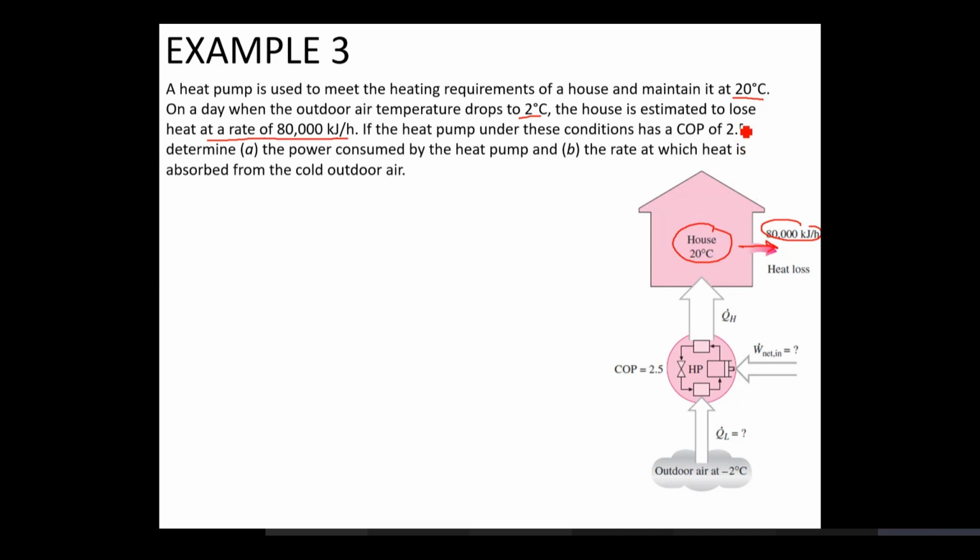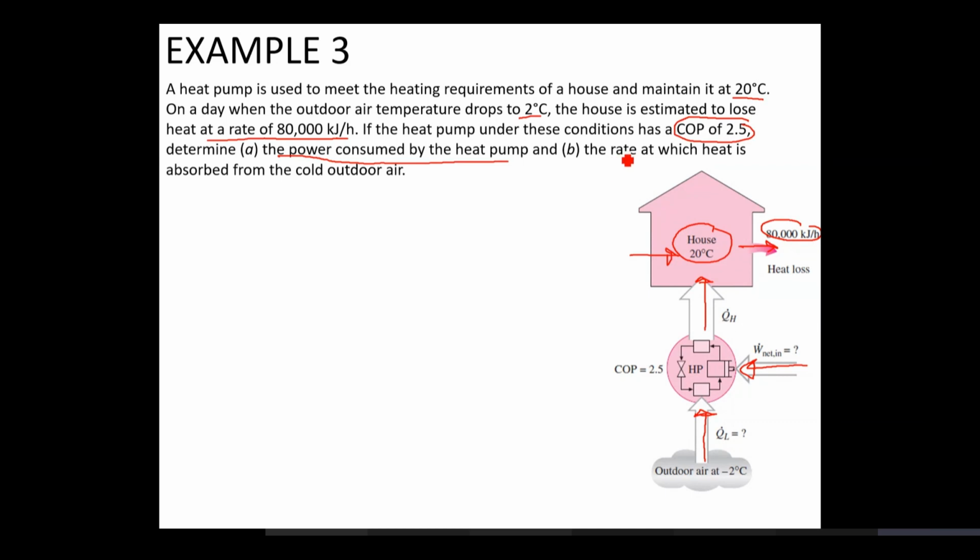Now, if you have a heat pump which has a coefficient of performance of 2.5, you have to determine the power consumed by the heat pump in order to maintain this temperature of 20 degrees centigrade. What do you have to do essentially? You have to provide work net into the system, and you have to extract the heat out of the external atmosphere, and you have to provide the heat to the house.